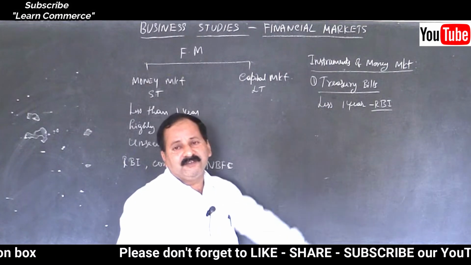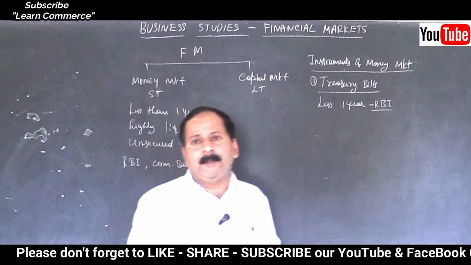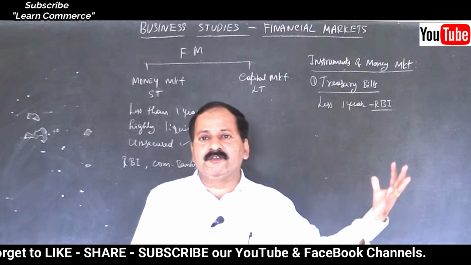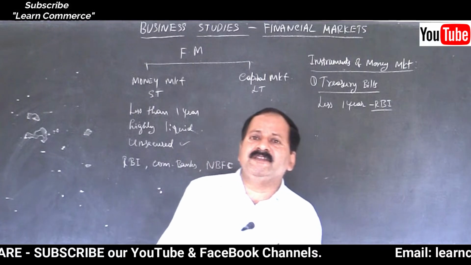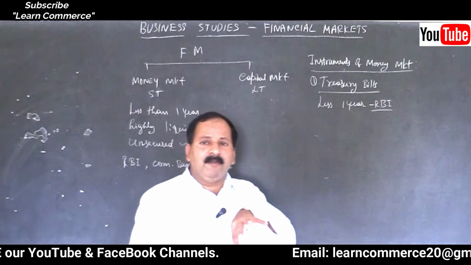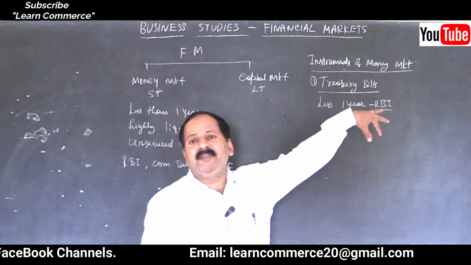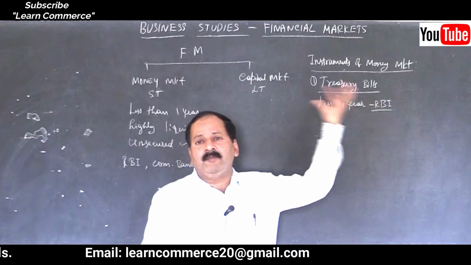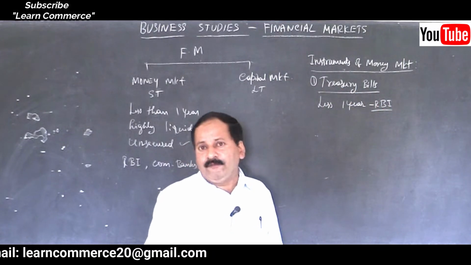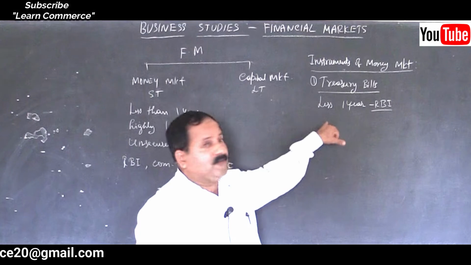And the public will purchase those treasury bills, isn't it? Banks also may purchase the treasury bills, and the money flows into RBI's treasury, so that there will be funds. So this is called treasury bills.